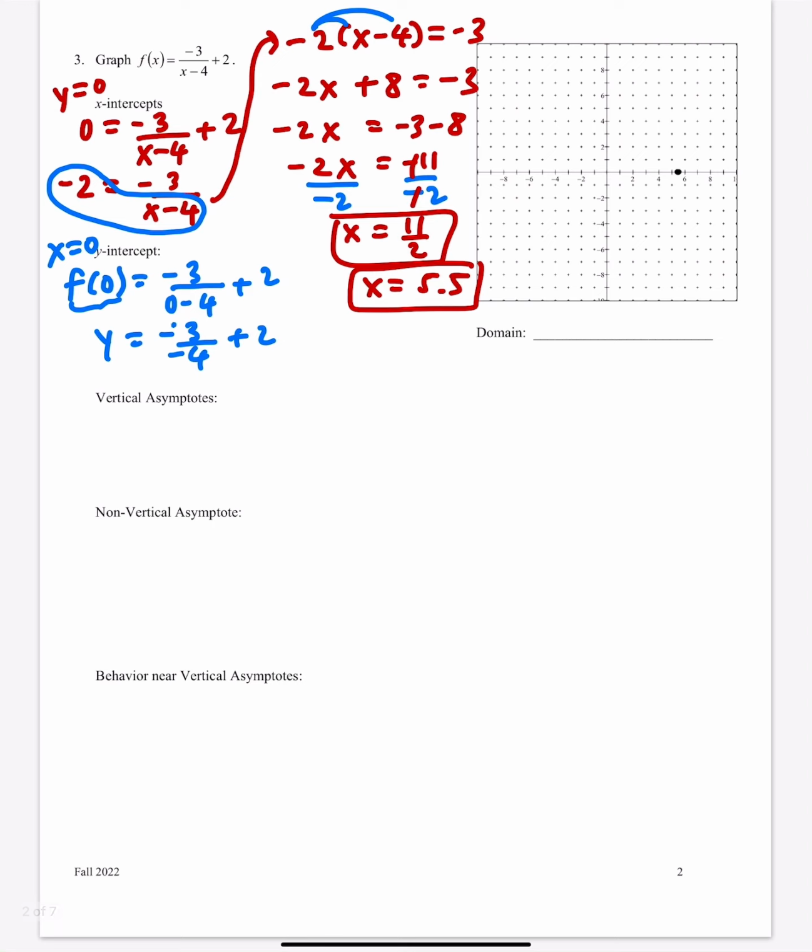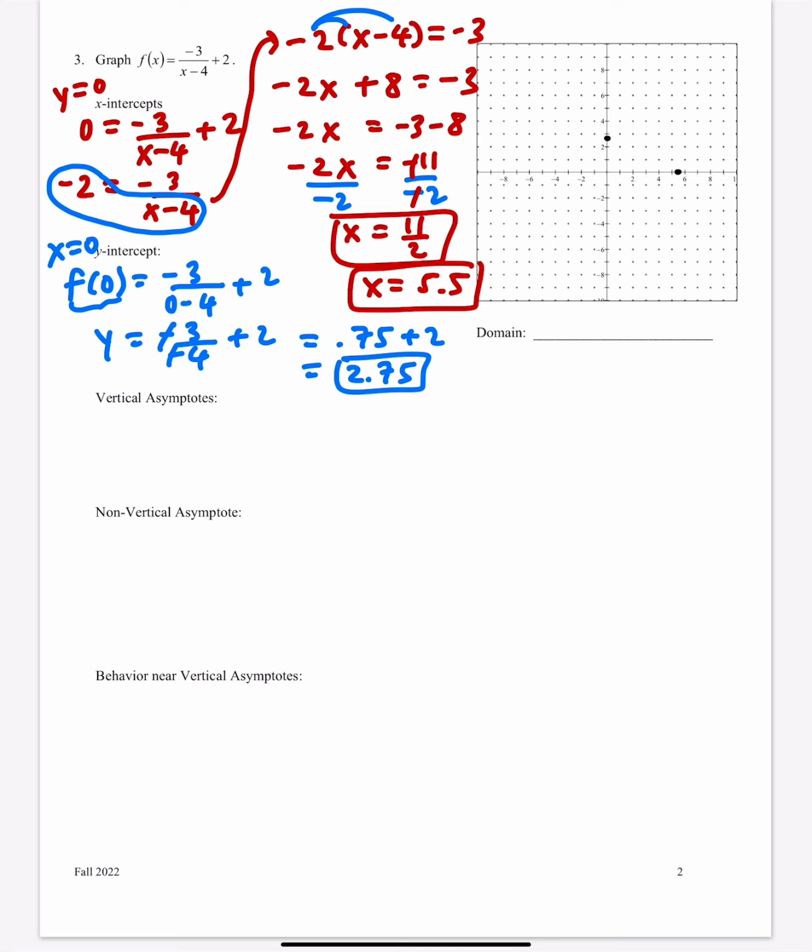A negative divided by negative is a positive. So this is like saying 0.75 plus 2, which is 2.75. So 2.75 is somewhere over here. Oh, whoops, that's not the y-intercept. 2.75 is right over here.